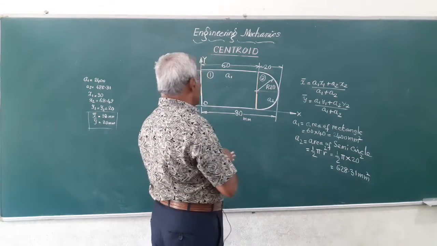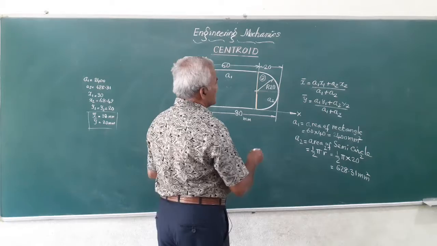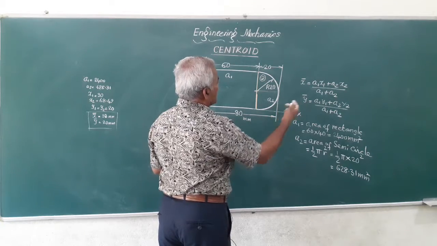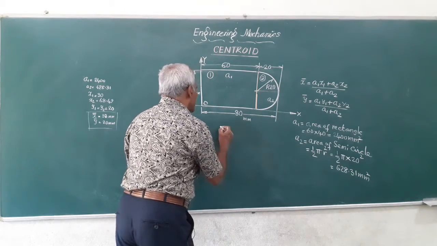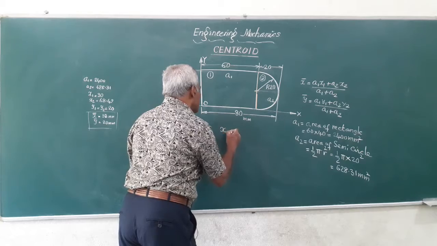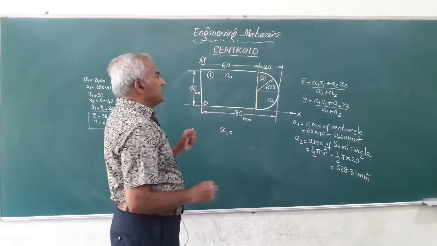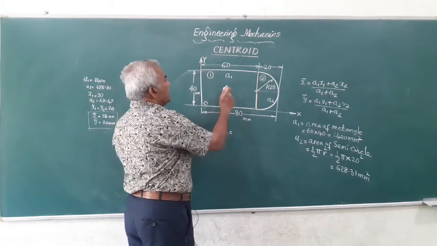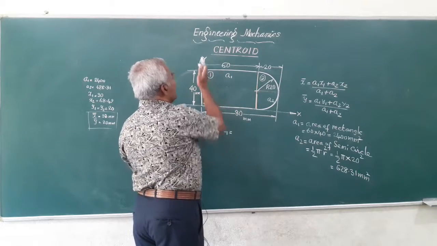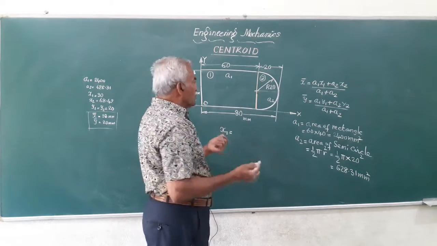Then let us calculate the values of x1, x2, y1, y2. What is x1? It is the distance of the centroid of the rectangle from the y-axis. How to locate that?